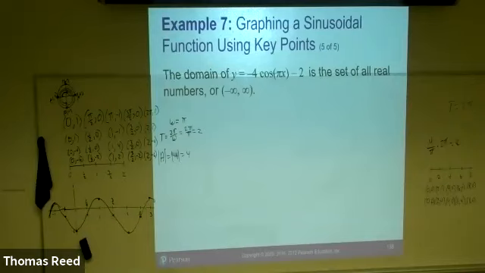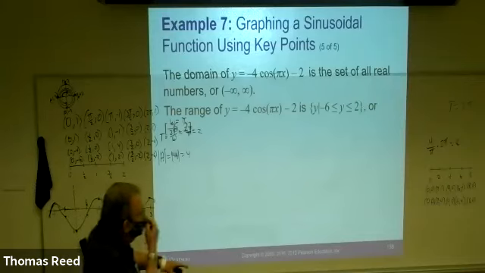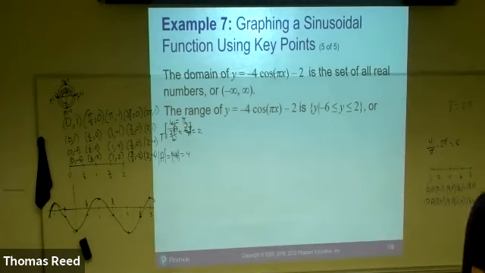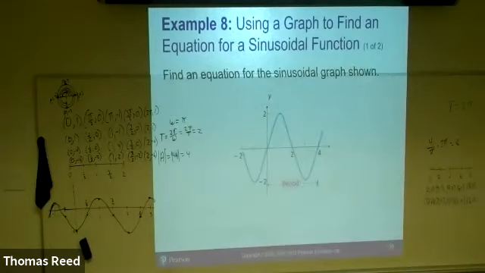So the domain is all real numbers. And the range is from -6 to +2, including the endpoints. Okay. So Y is between -6 and 2 inclusively. Now we find an equation that fits this. Okay.